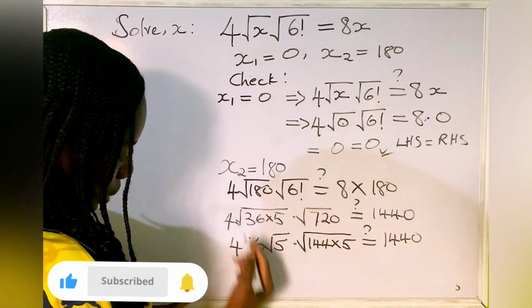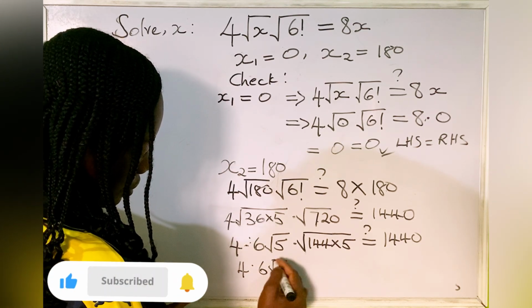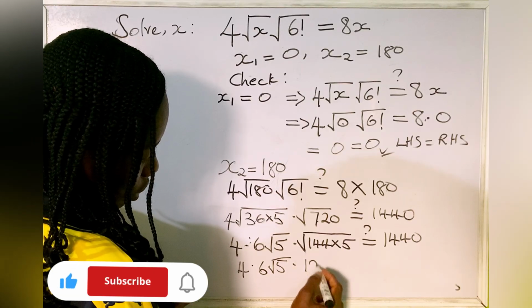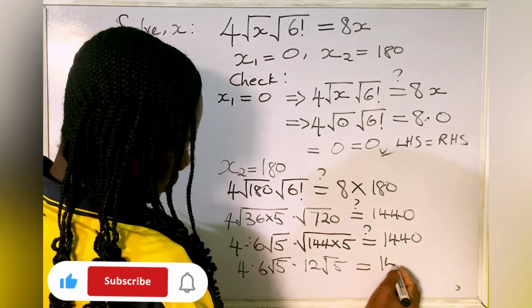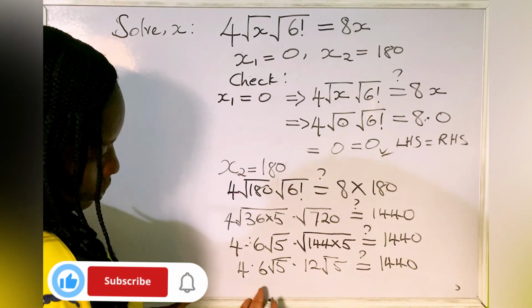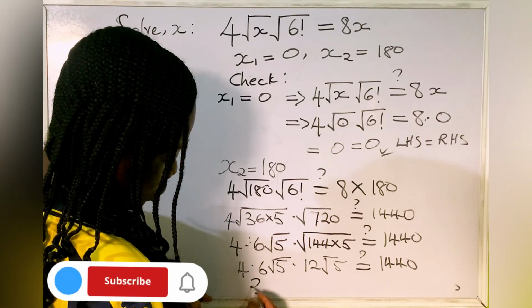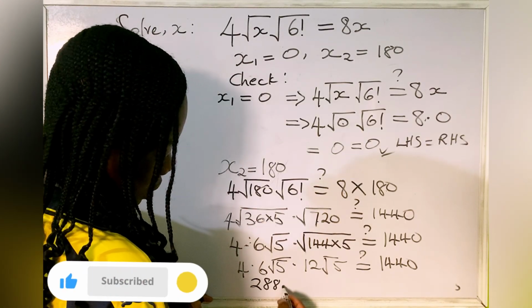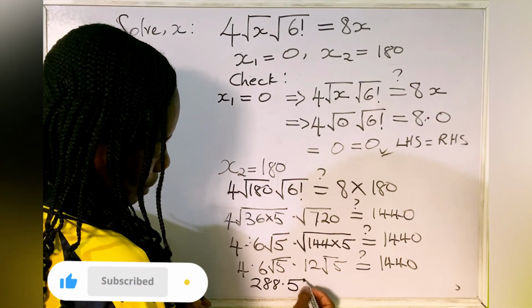So here we have 4 multiplied by 6 root 5 multiplied by 12 root 5. Is it equal to 1440? Let's multiply the constants first. So we have 4 times 6 times 12, that is 288, multiplied by root 5 multiplied by root 5, which is going to give us 5.